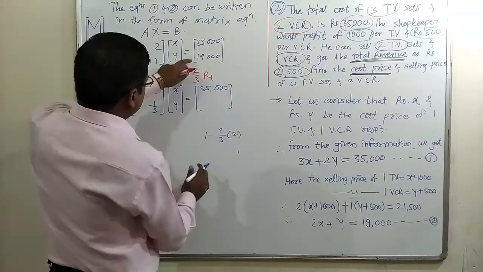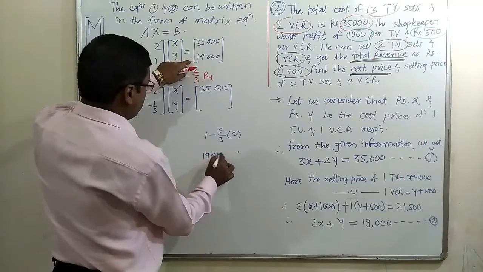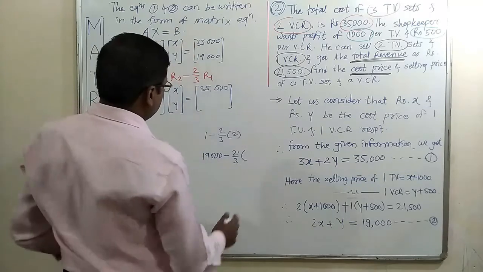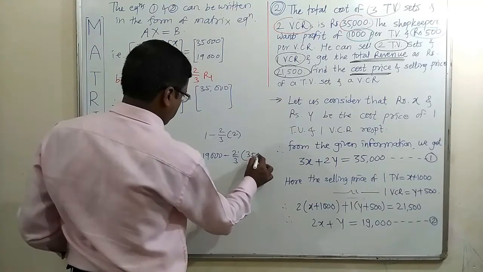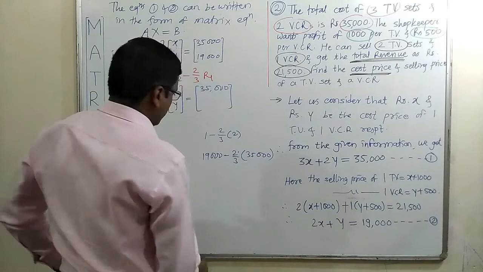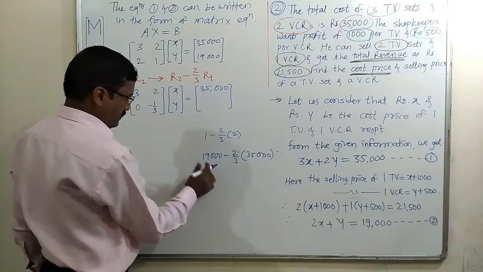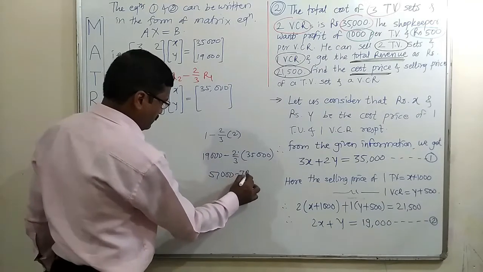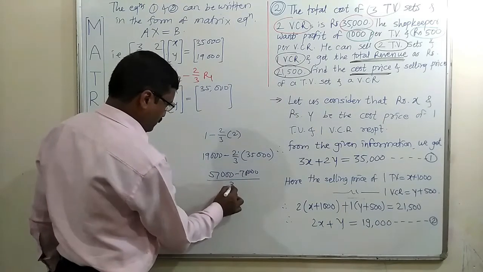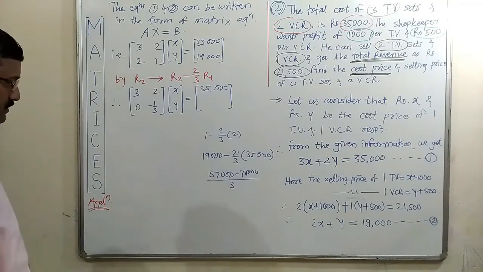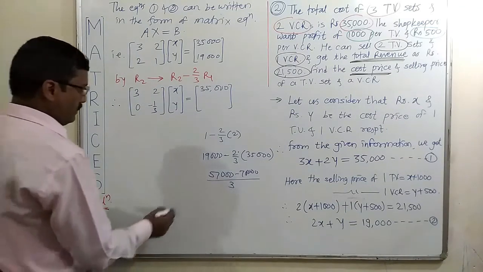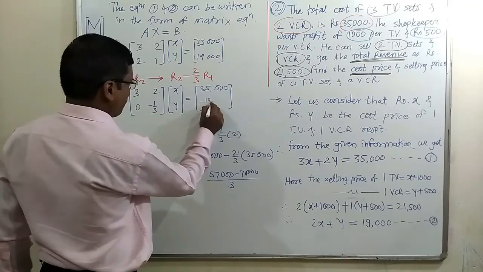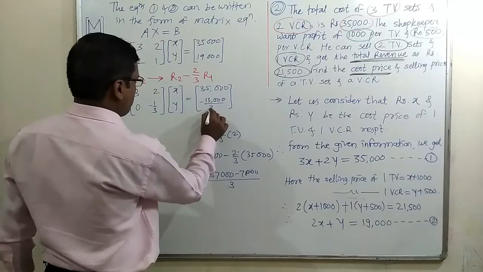Then next here, 19,000 minus 2/3 of 35,000. So this will be 57,000 minus 70,000 upon 3. So it will be 13,000 upon 3 with negative sign. So minus 13,000 upon 3.